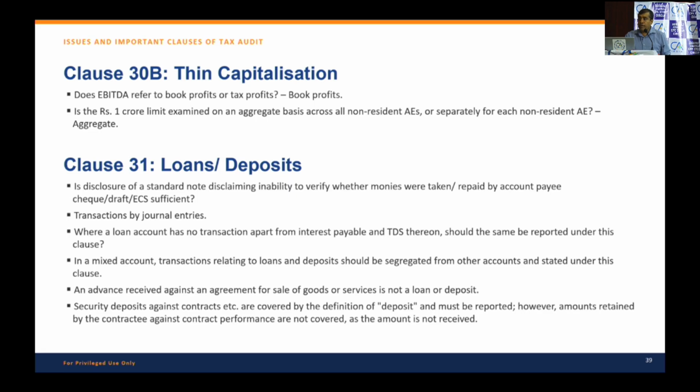This is something we should keep in mind while reporting under clause 31. Not required, but that clause itself says that transactions with banking are not required. Of course, for any excess reporting I am still okay; I may not be okay on something which was reportable but not reported. As I said, security deposit is something I have seen is largely missed out. Very important.